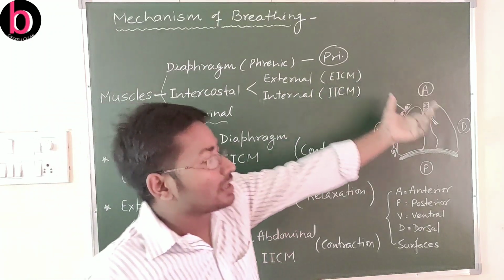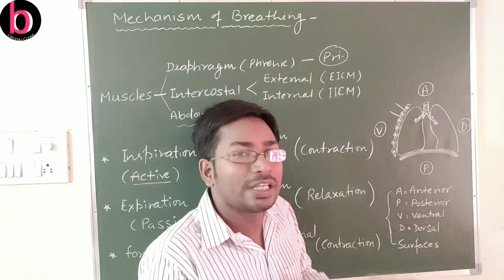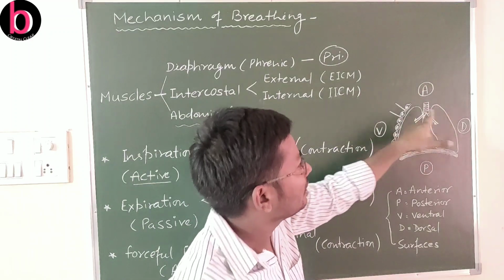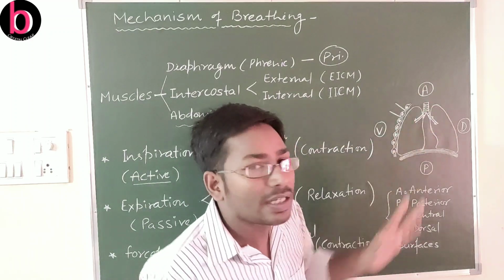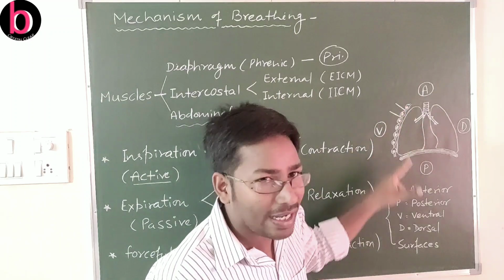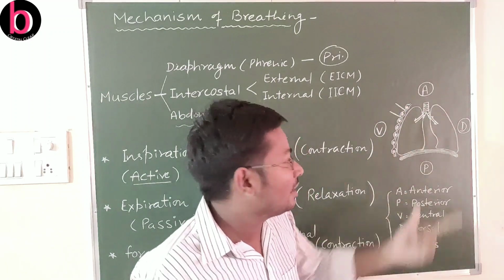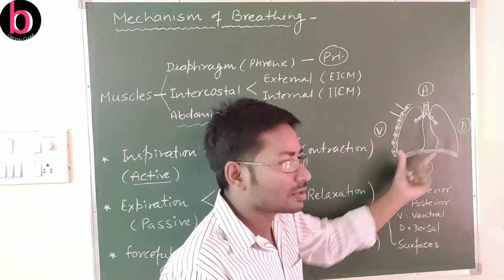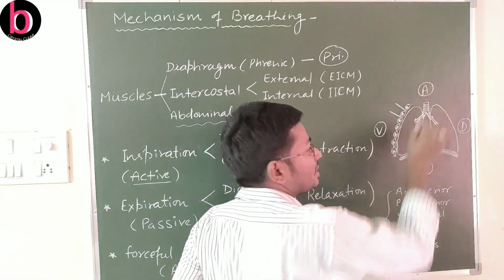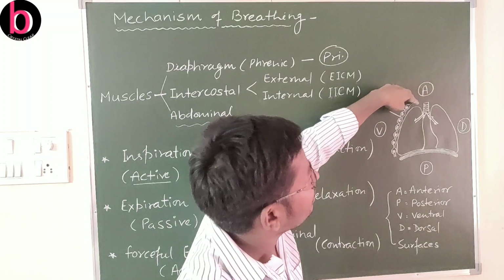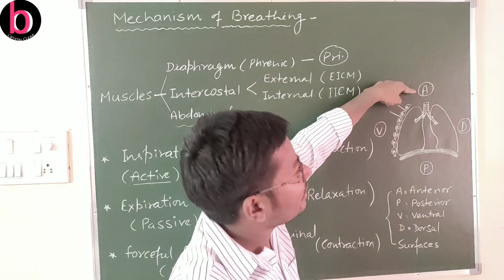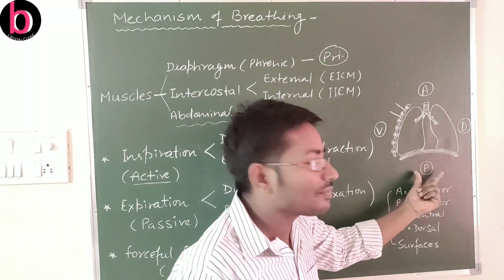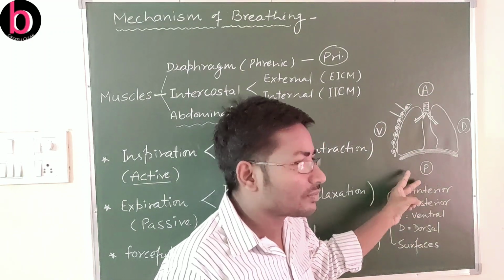Now this is here in the diagram. A few things are very important for you. This is the anterior side of the lungs, that is known as the apex, which is conical, while this lower surface is known as the base of the lungs. Towards the upper region, towards the head region, the orientation of the lungs is known as anterior surface, while towards the diaphragm, this is the posterior surface.